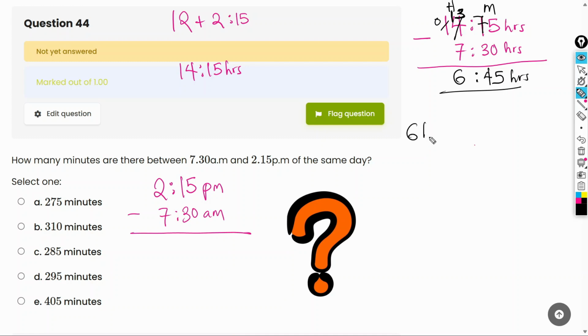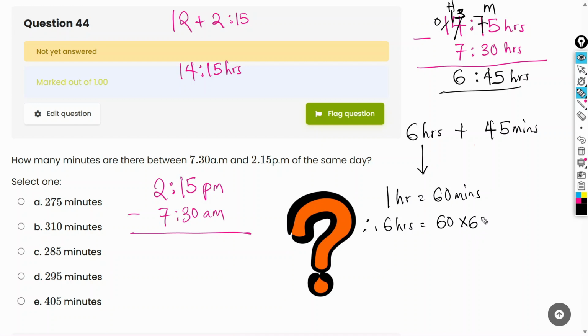So that's 6 hours plus 45 minutes. But the question is asking us for how many minutes there are between 7:30 a.m. and 2:15 p.m. So we need to change 6 hours to minutes. Remember that 1 hour is equal to 60 minutes. Therefore, 6 hours would be 60 into 6 places. So that's 60 times 6 minutes.